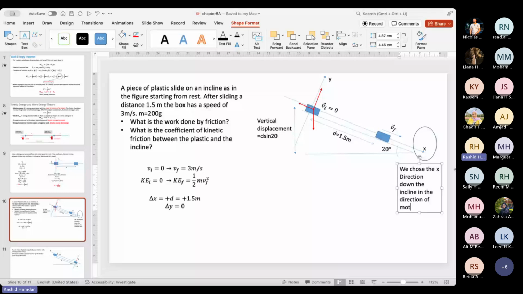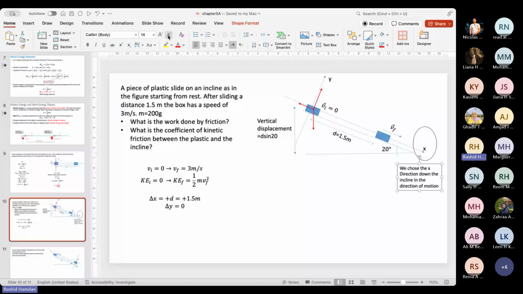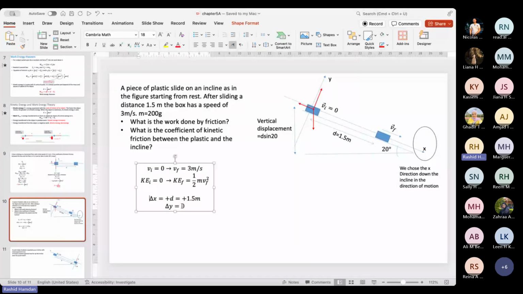Okay, so that actually specifies for us the displacement, but it also specifies the components of the forces.